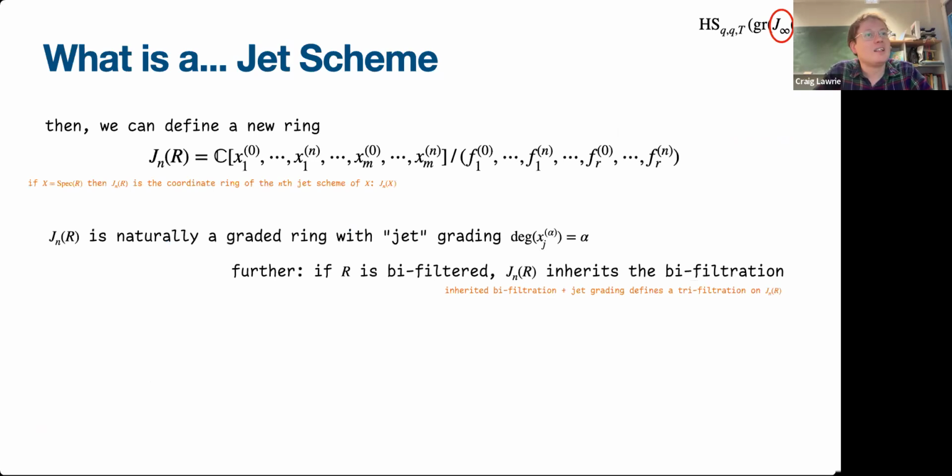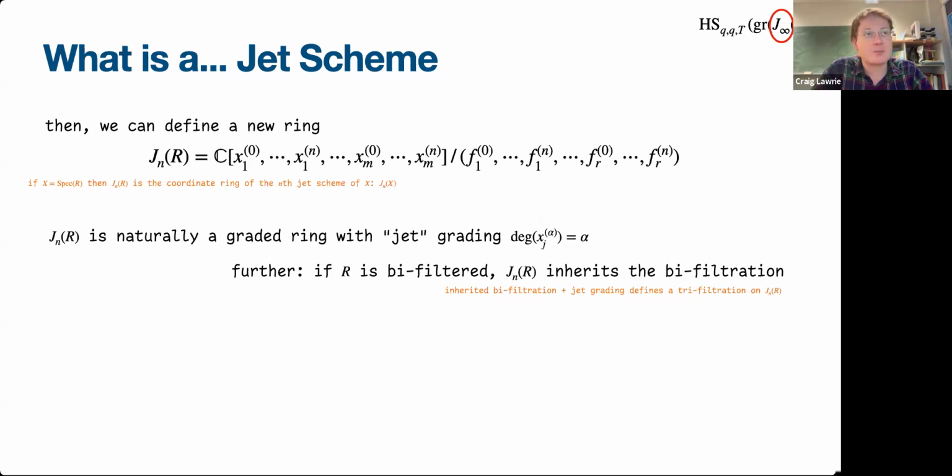Now, this object, J_n of R, the jet ring, naturally comes with a grading, regardless of the structure on R. What is this grading? Well, the grading is just the degree of the jet. You can do a little bit of work, but it only takes a second, to see that this thing decomposes into a sum of subrings, where the quotients act on the same jet degree and so on.